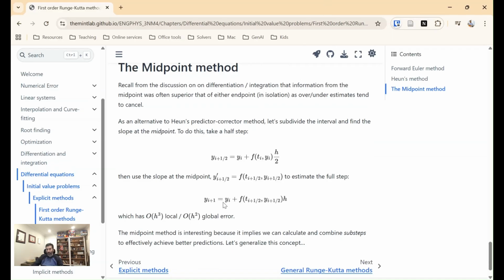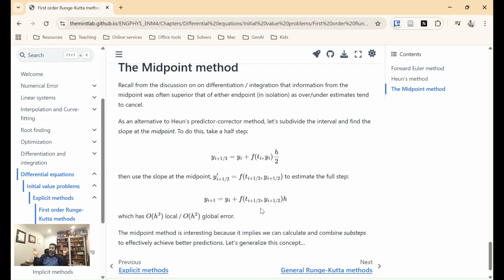Sorry, we're using that to take that whole step. So the total step is the initial step plus the slope in the middle over the whole step. We haven't blended anything. We've used that half step to calculate the slope in the middle of the interval. Sorry if I was confusing there. And then we're using that value to take the whole step.